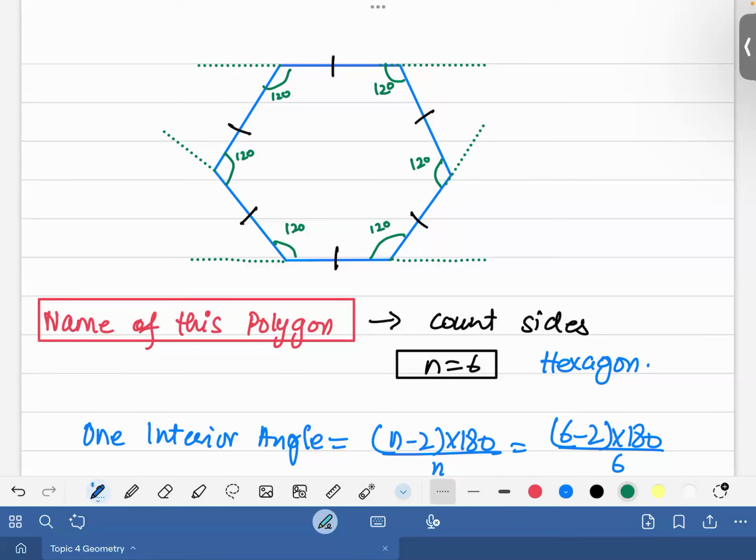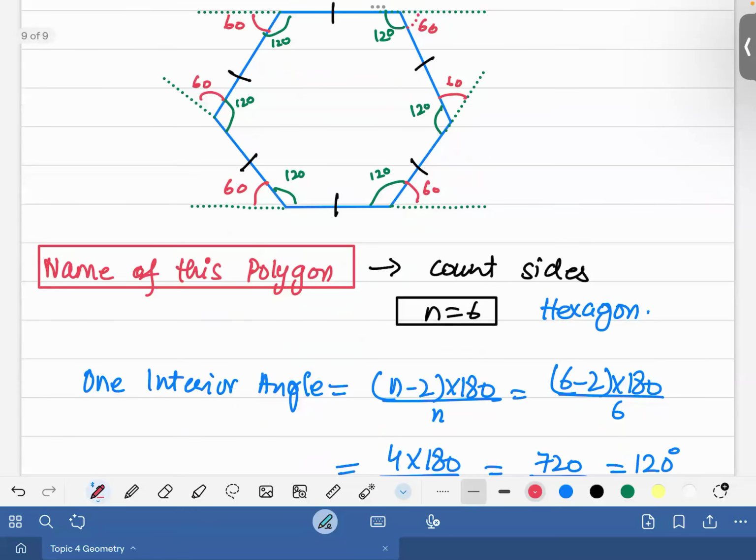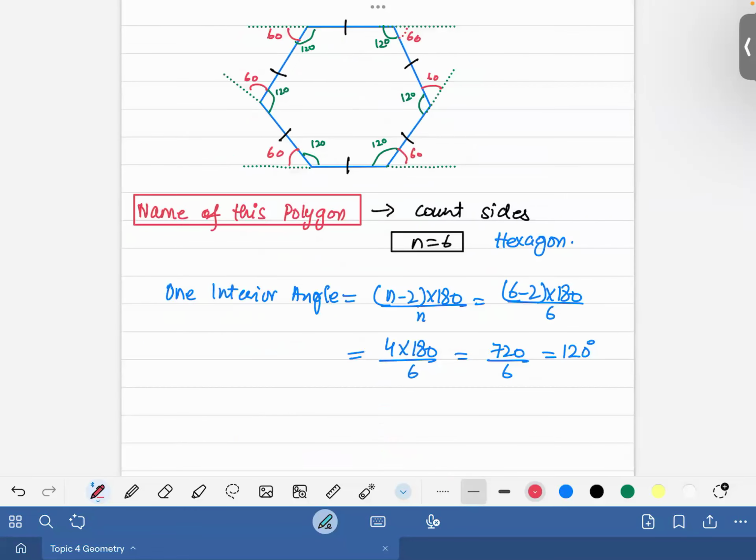So you can see that this angle would automatically be 60 degrees each. Do you agree with me on this statement or not? Yes, sir. So all of you can see that we have six 60s here.